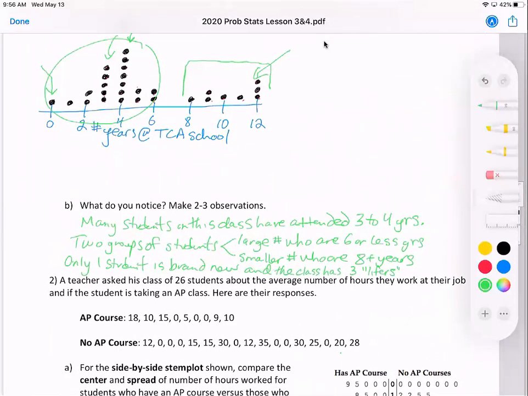I guess there's lots of other observations that we could make. It's kind of interesting that there's no student at the 7, so there's this gap in attendance.